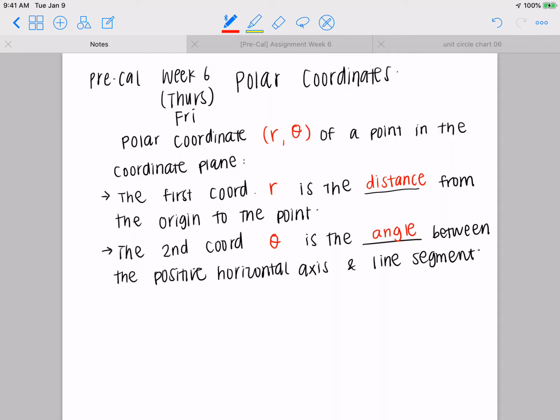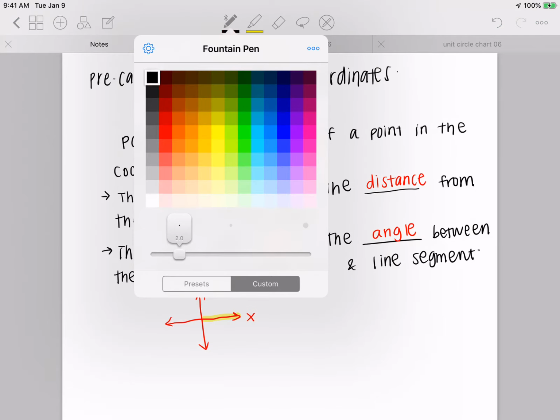There's only two axes, the y-axis and the x-axis. If we're talking about horizontal, we're talking about x, and positive is this side right here. From this line to the line segment, it represents the angle.